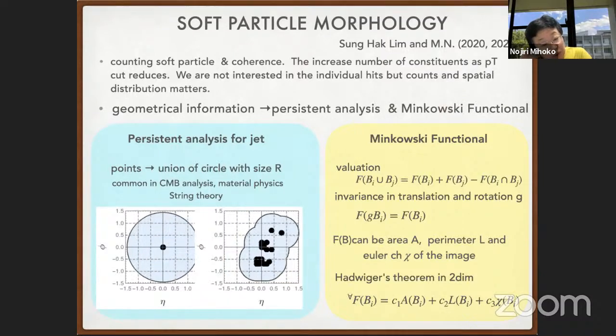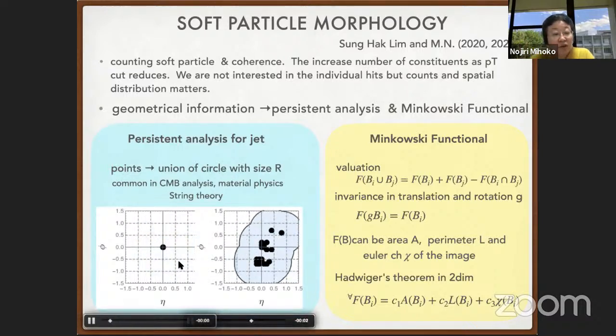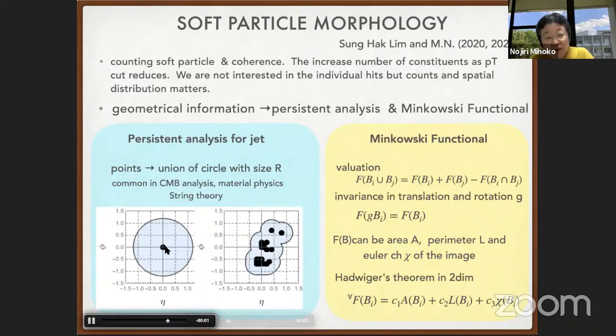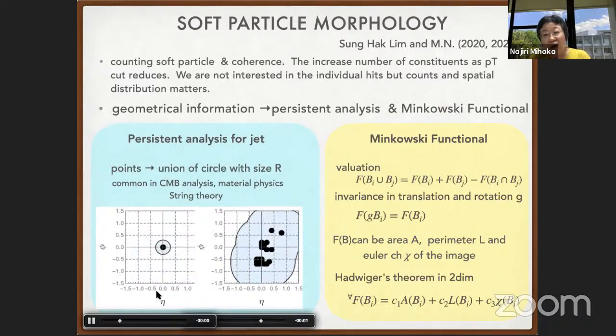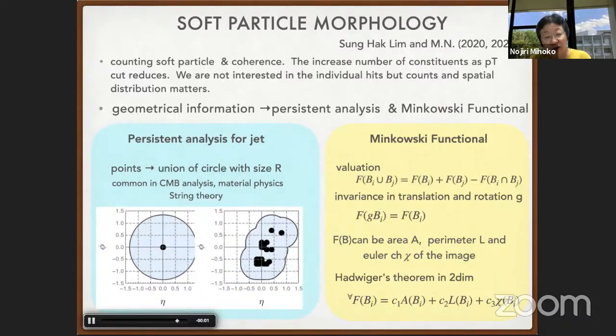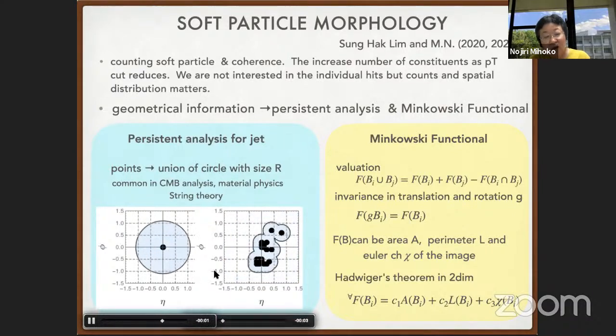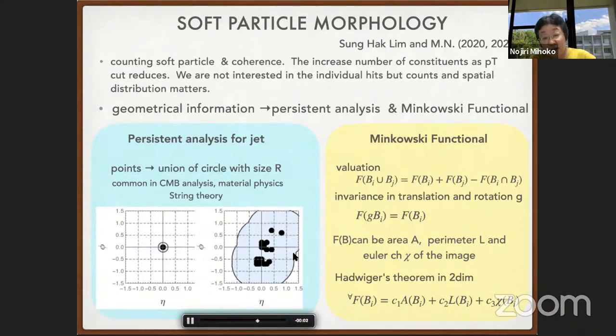To do this, I have introduced the persistent analysis of the jet. Here you can see that if there is a point, then you can introduce a circle with varying radius. And if there are multiple points, then we can see the overlapping circles in the jet.